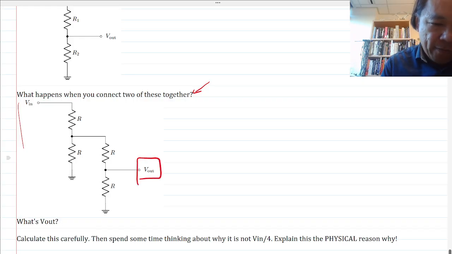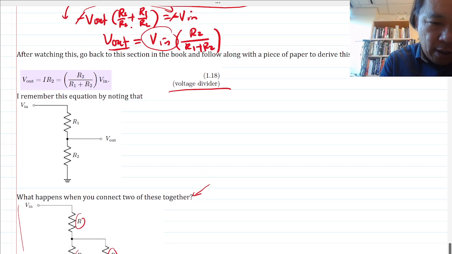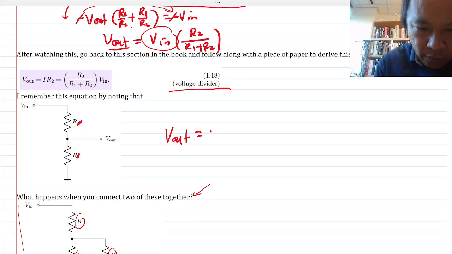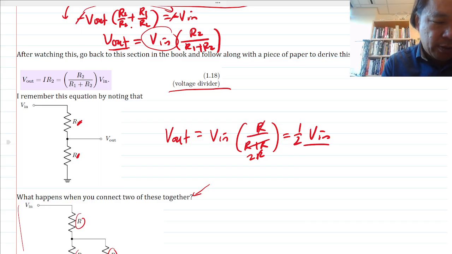If we make all the R's the same, we will know the ratio between V in and V out, because R plus R gives you 2R, the R cancels out, and you get 1/2 the V in voltage if these two resistors are the same.